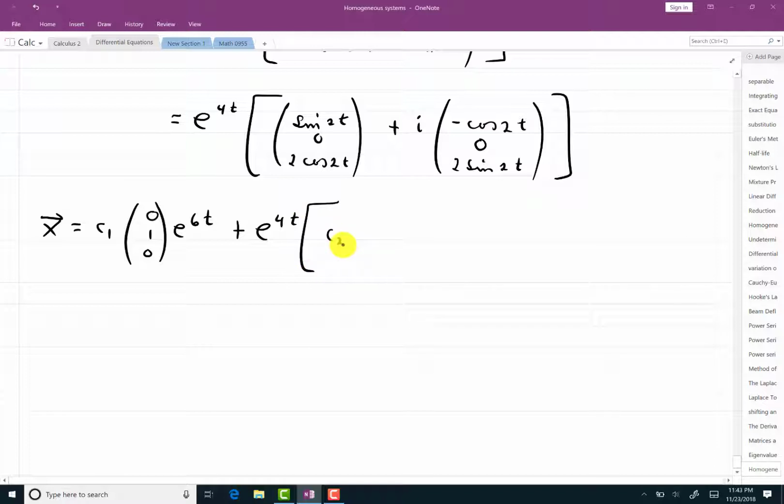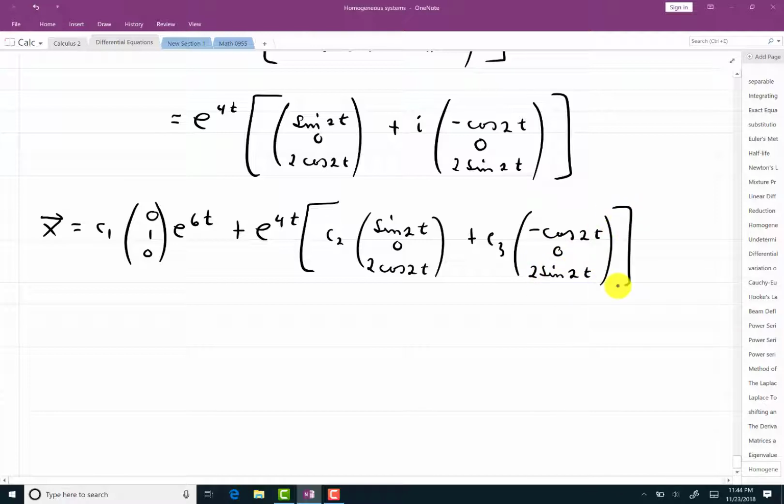And I'll have a c2 times sine of 2t, 0, 2 cosine of 2t, plus a c3 times negative cosine of 2t, 0, 2 sine of 2t. So all you have to do is expand out the one eigenvalue and you'll be able to get both solutions.